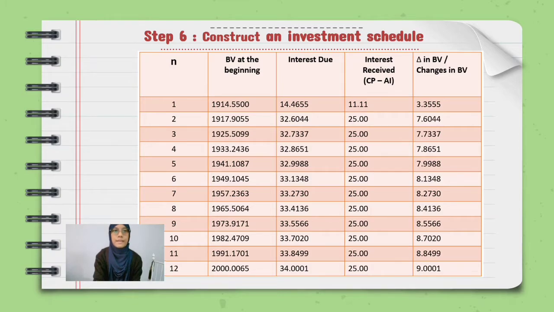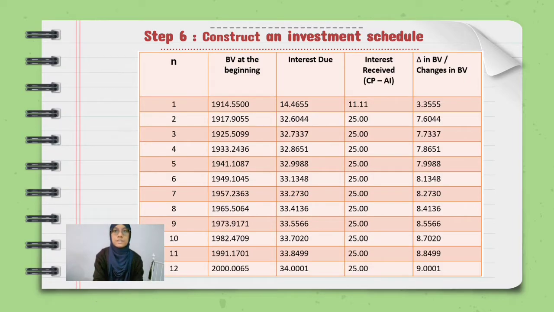11.11, and then for the second one and until the 11th, you just have to bear in mind that it will be the same till the end of the N. So you will have to use the same answer for N2 until N11.